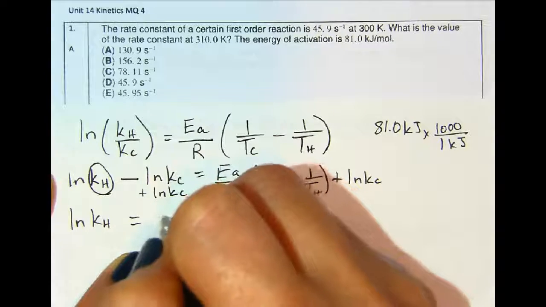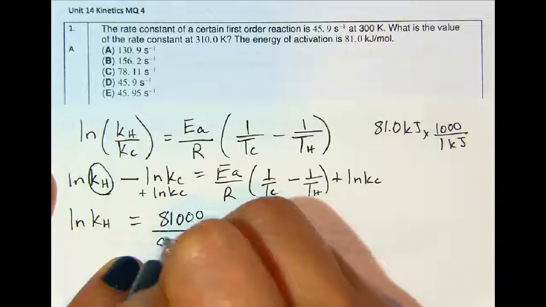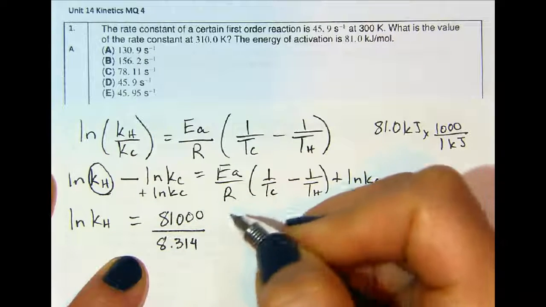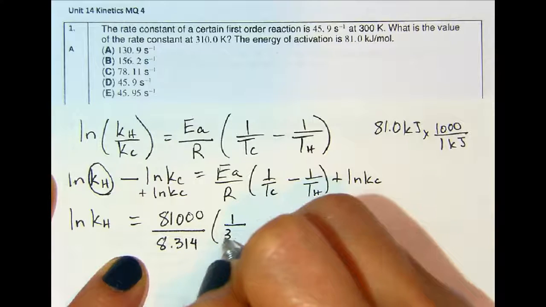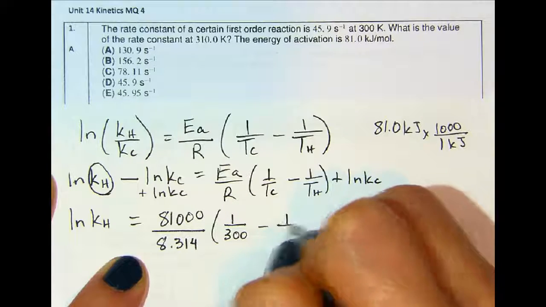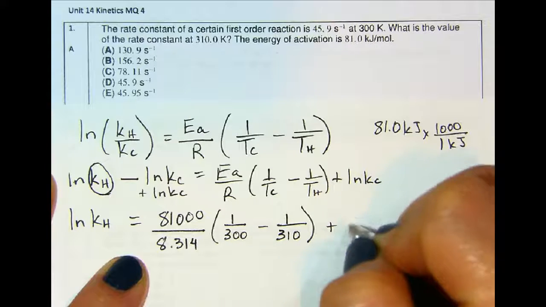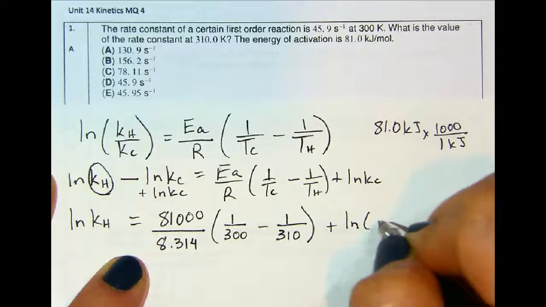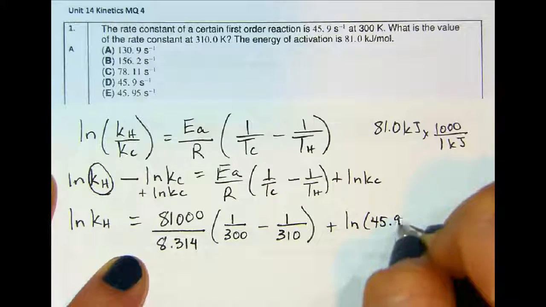So Ea is going to be 81,000 divided by R, which is 8.314, times 1 over the colder temperature, which is 300 Kelvin, minus 1 over the hotter temperature, which is 310, plus the natural log of the value of K at the colder temperature, which is 45.9.